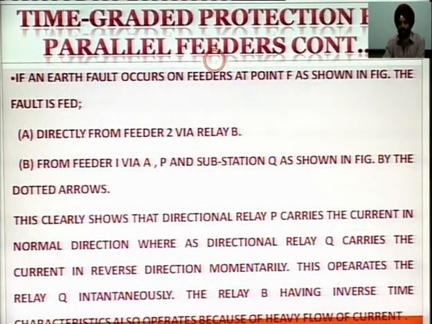This clearly shows that the directional relay P carries the current in the normal direction, whereas the directional relay Q carries the current in the reverse direction momentarily. This operates the relay Q instantaneously. The relay B, having inverse time characteristics, also operates because of the heavy flow of current.